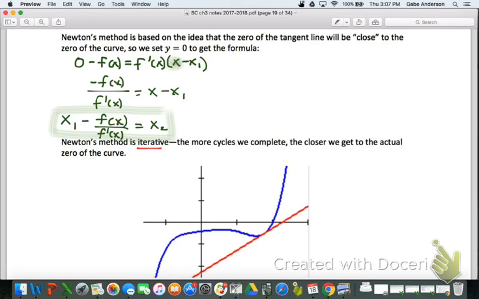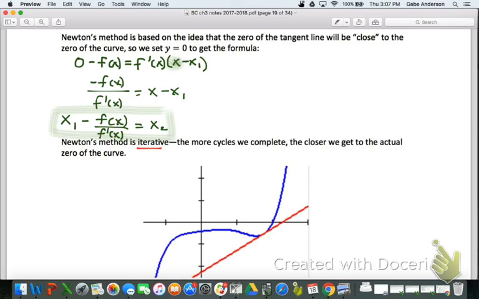The idea would be this: if we look at this graph down here, our first tangent line is that red line. If we calculate its zero, we can clearly see that the zero of the red line is not the same as the zero of the blue curve.